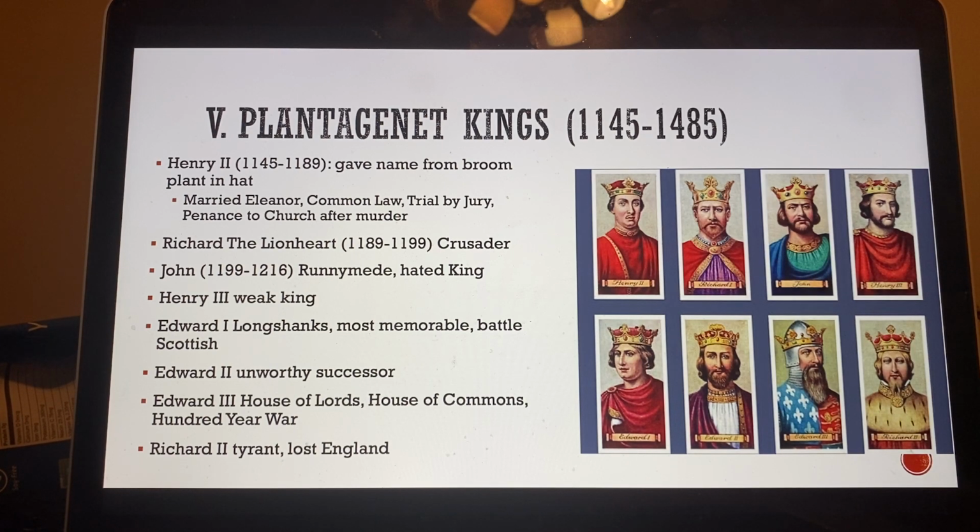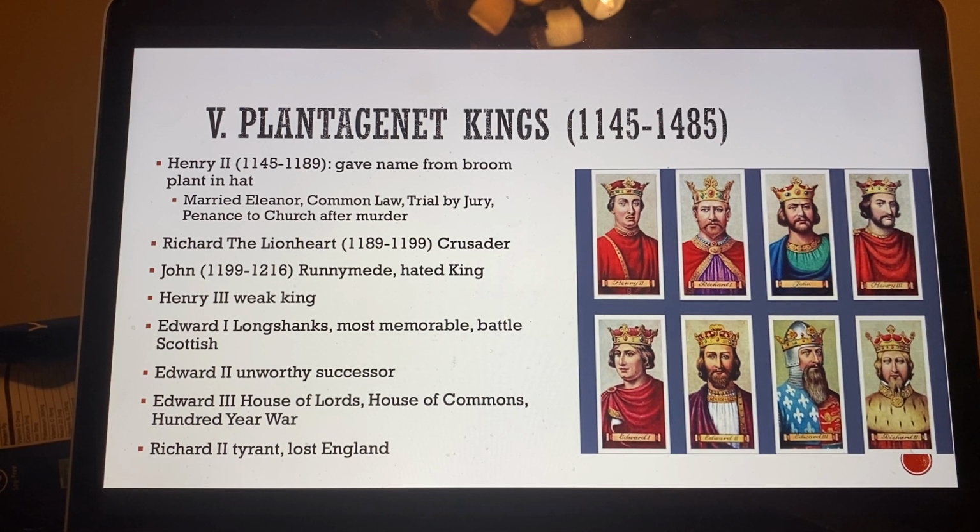And then we have Richard the Lionheart, and of course that's Eleanor's sweet son that she loved so much. And he was the crusader, and during the time of Robin Hood. And then John of Runnymede was the hated king.